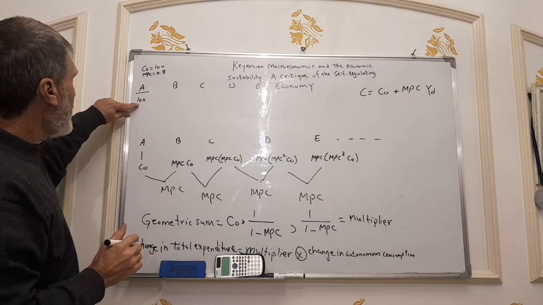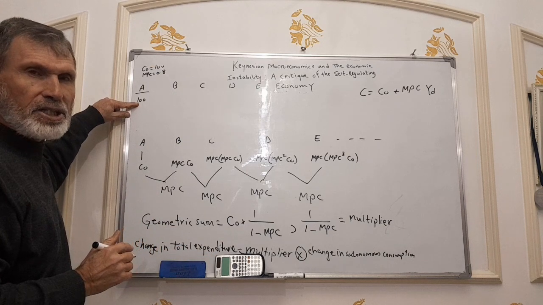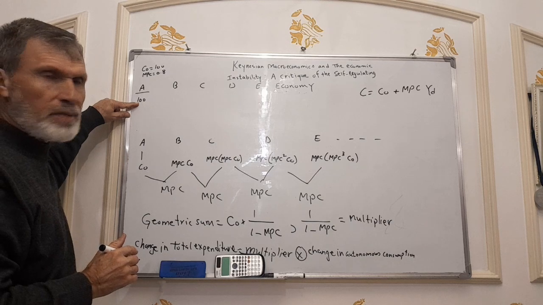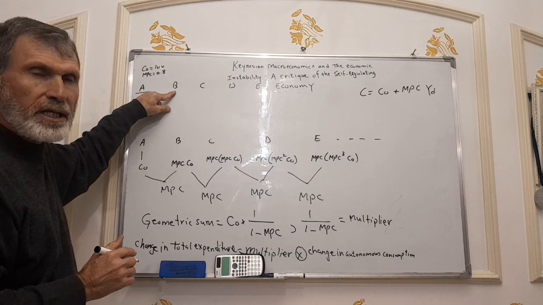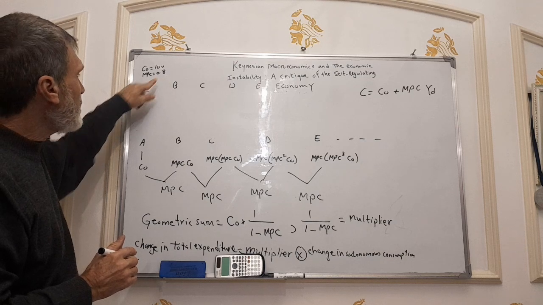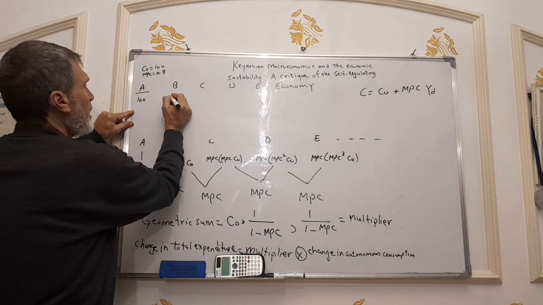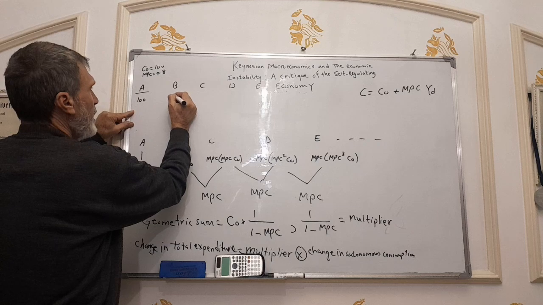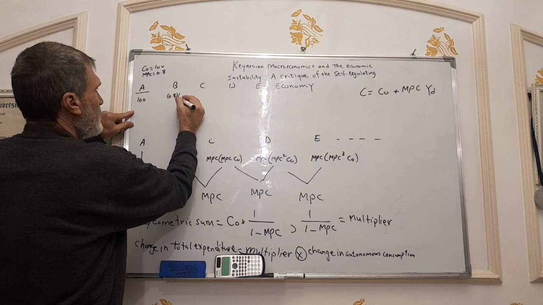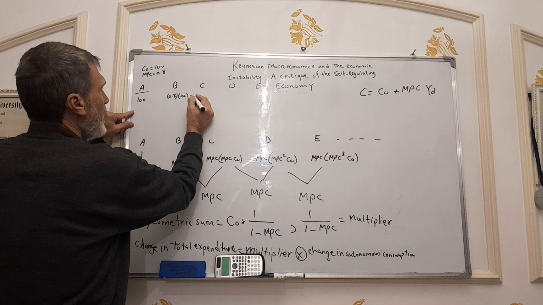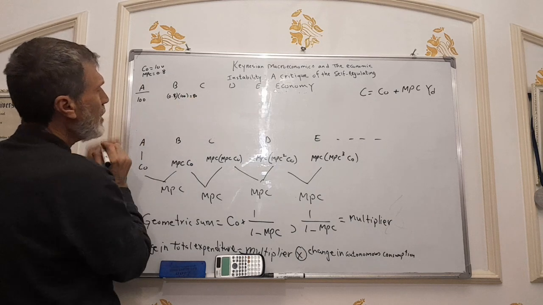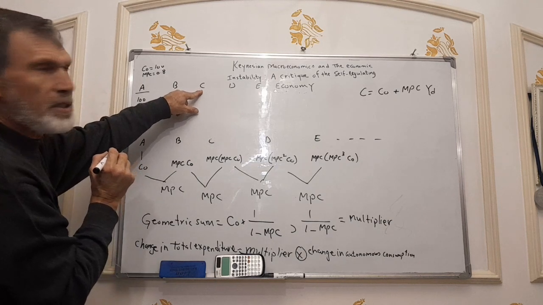Now suppose A starts, the initial increase in autonomous consumption is 100, okay? 100 becomes an income to B. Now B spends 80% of 100, which is 0.80 of 100, which is $80.